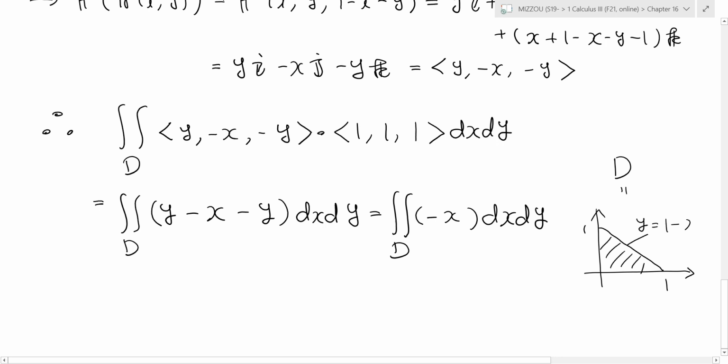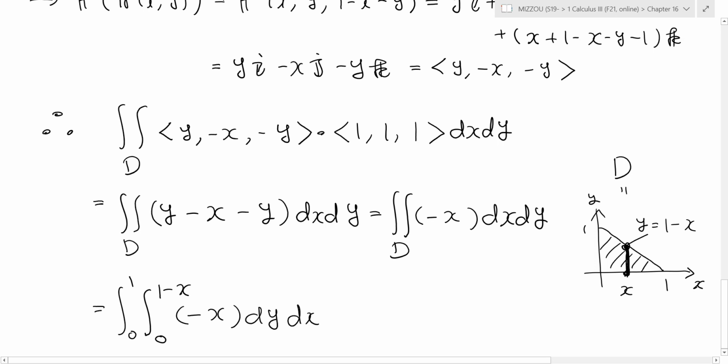Let's remember how to double integrate. You fix one of the variables and integrate with the other variable first. In this case, it doesn't matter which one because it's symmetric, but let's just fix x. So for each fixed x, your y value varies from 0 to 1 minus x. So you first integrate with y, from 0 to 1 minus x, negative x dy. And then you integrate with x, from 0 to 1.